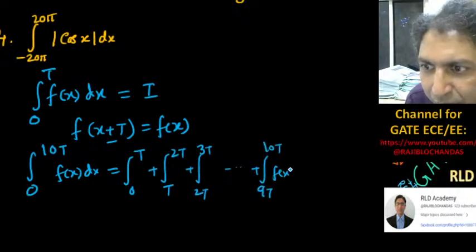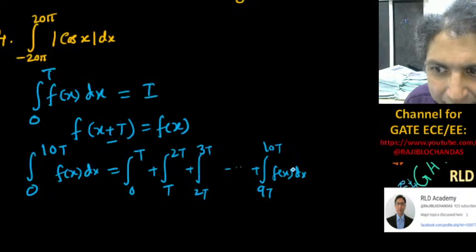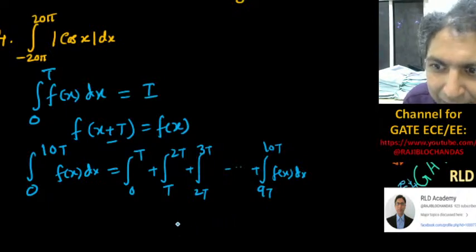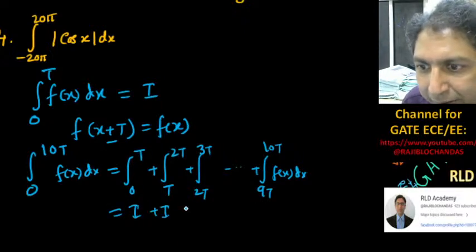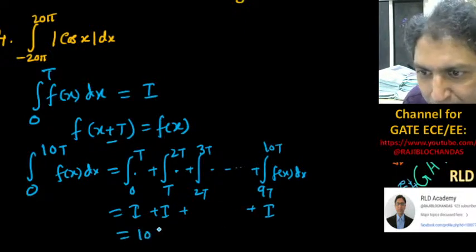This is your f of x dx. Okay. Now every integral, as it is periodic, the area within one period will remain same. So this will be I, this will be again I. So I am not writing here. Okay, like that. So these are all I. So it will be 10 times I.